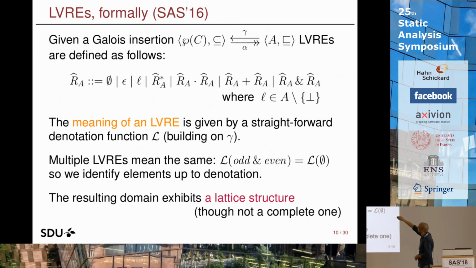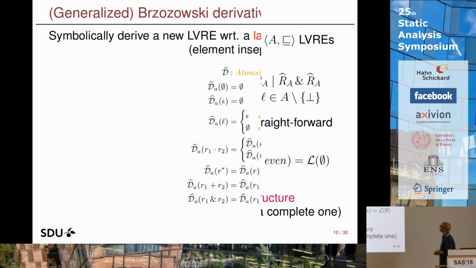And when we hit one of these elements from A, we need to fall back on the gamma, the concretization there. All right, so that's the domain. There are multiple elements that have the same denotation but are syntactically different. Here's one such. So we have to do the standard quotienting up to denotation to regain a lattice structure. In parentheses, it's not a complete lattice though.